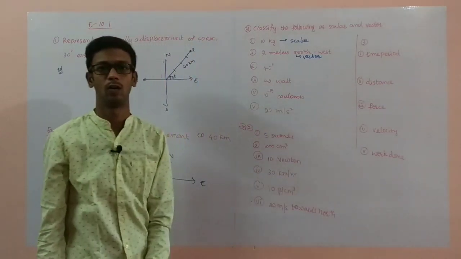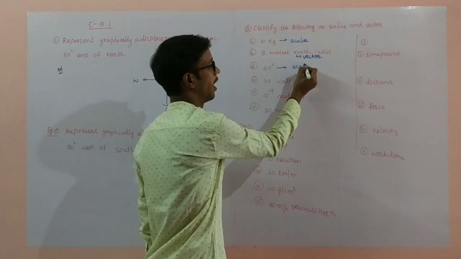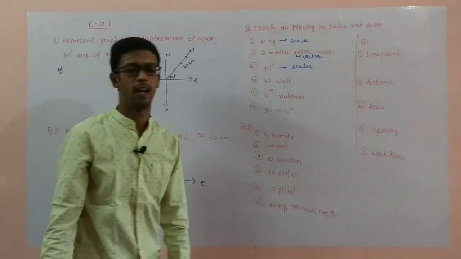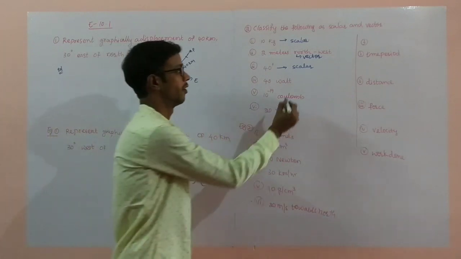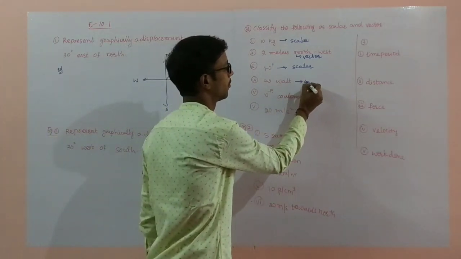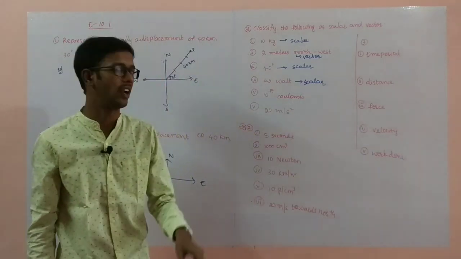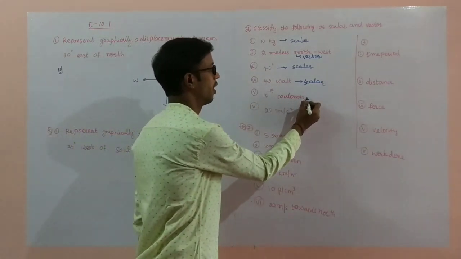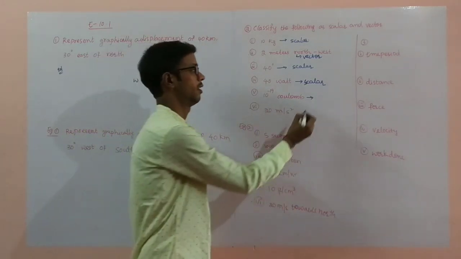So you just have to write vector and scalar. 40 degrees: this is a scalar. 40 watt: watt is nothing but power, power supply, only a scalar. Why? Because they didn't give the direction here. Next, 10 to the power of minus 19 coulomb. In physics you will find this is a scalar.